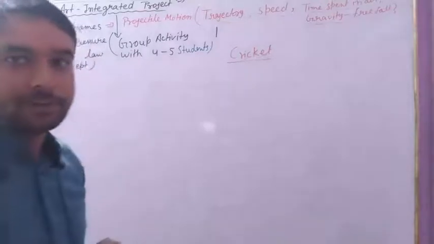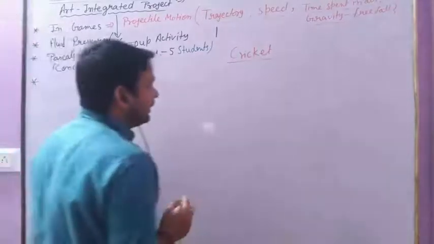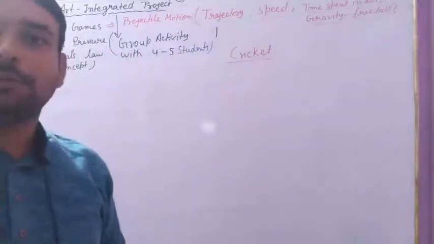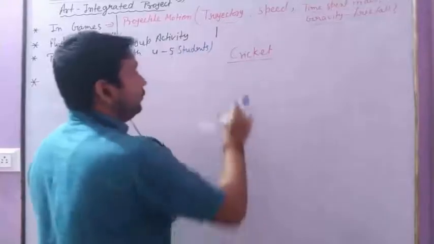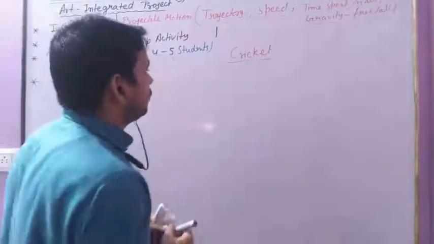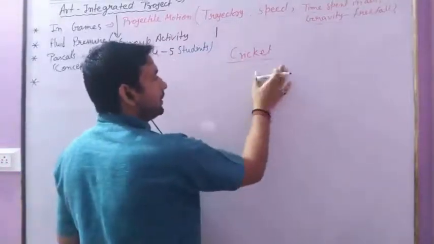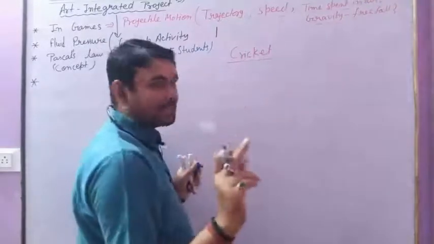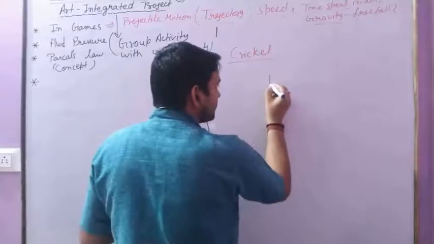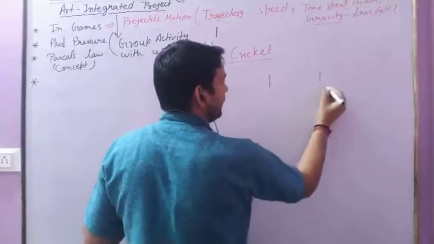about cricket. When you make the project related to projectile motion, so for cricket you first need to explain the separation of the two wickets. Suppose these are the two wickets.